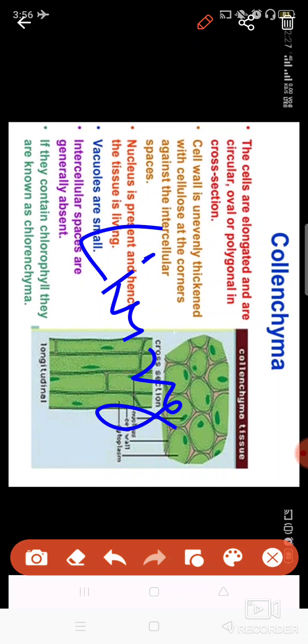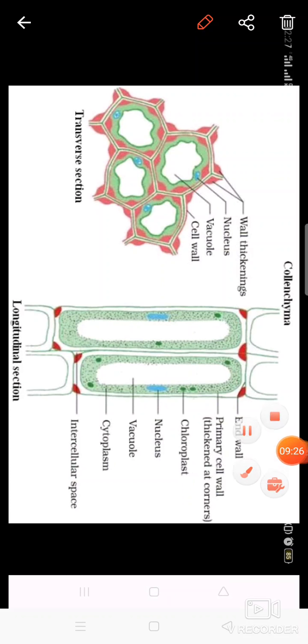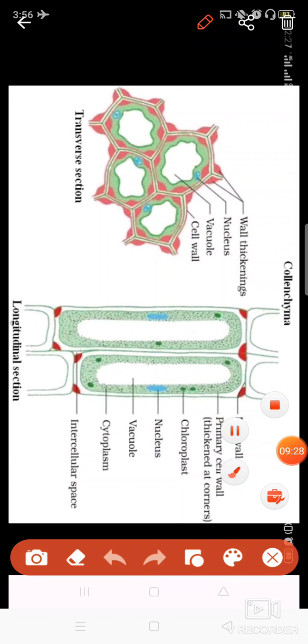Sometimes these also carry chlorophyll, so these are called chlorenchyma, and their function becomes the same as in the case of chlorenchyma of the parenchyma. Now the structure will be clear to you. This is the structure of a cell.